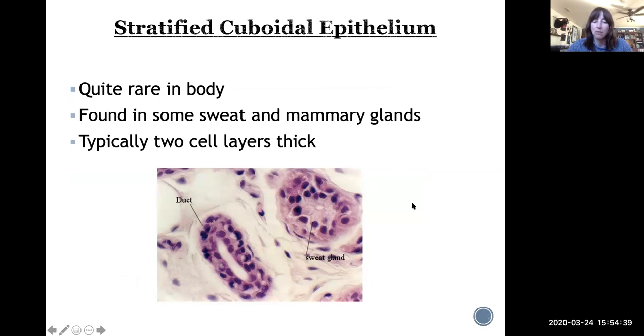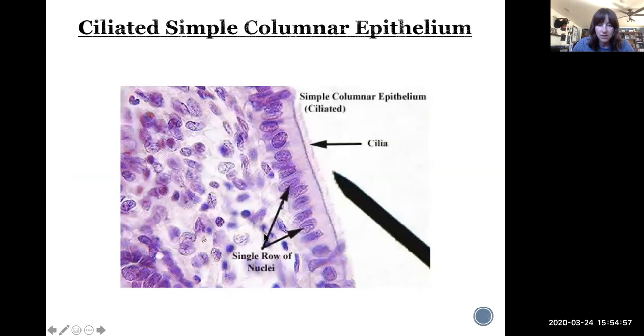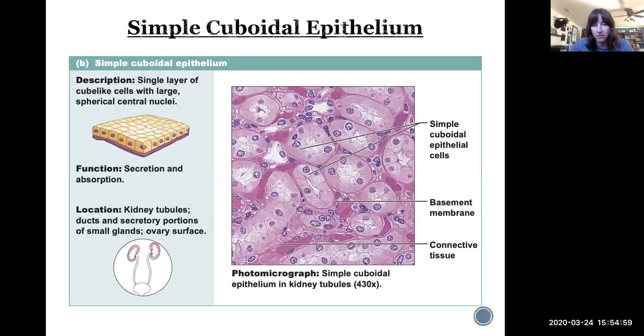So if I tell you it's a mammary gland, it's going to be stratified cuboidal epithelium. It's really the only place where it's found, and you can tell what it is by the 2 layers of nuclei present versus the single layer of nuclei present in simple cuboidal epithelium.